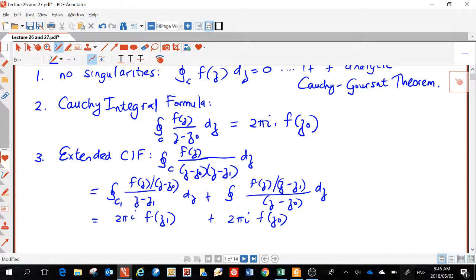Then the next question was, what happens when you have a pole that's repeated, z minus z naught to the power 3? Then you have to use differentiation.